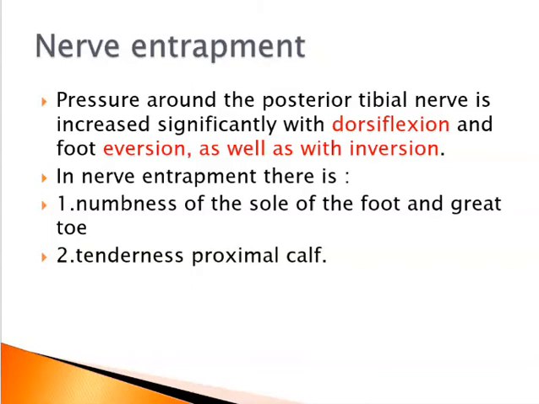Nerve entrapment. Pressure around the posterior tibial nerve is increased significantly with dorsiflexion of the foot, foot eversion, as well as with inversion. In nerve entrapment, there is numbness of the sole of foot and great toe, and tenderness in the proximal calf.